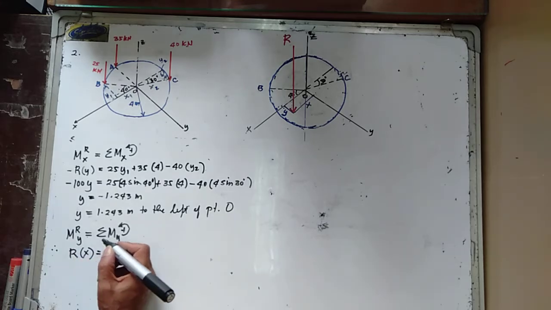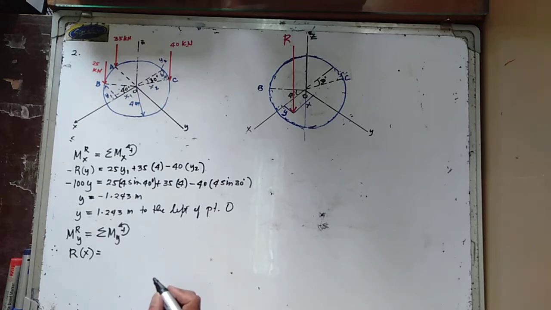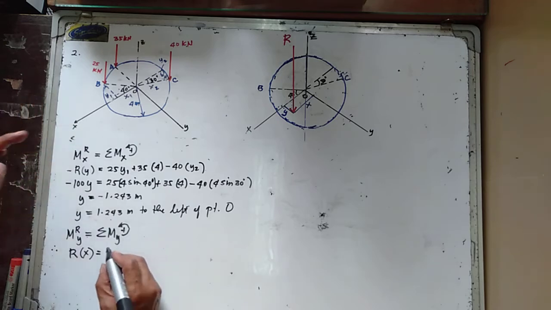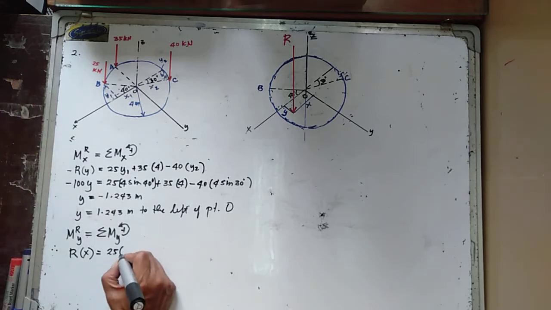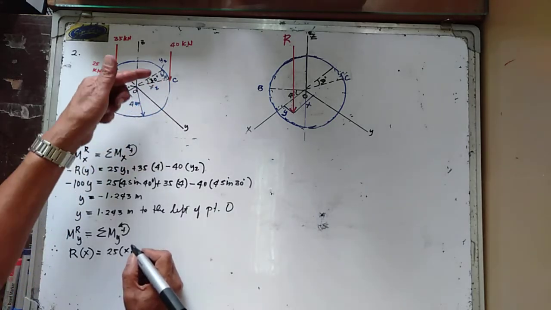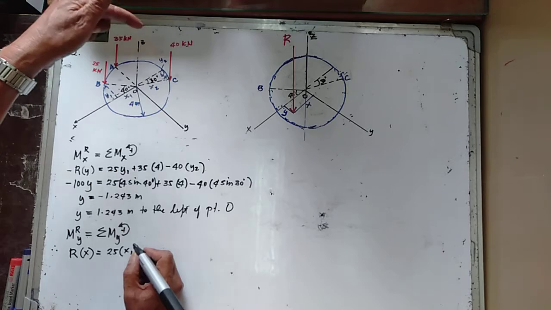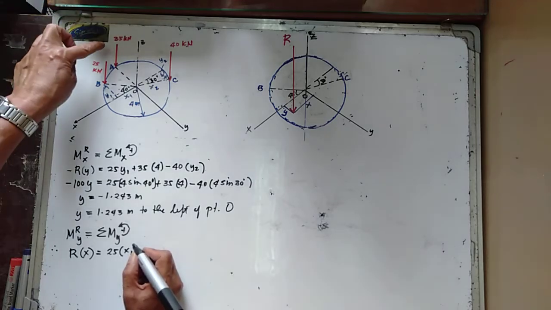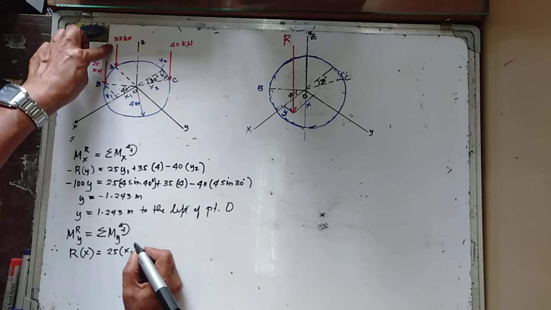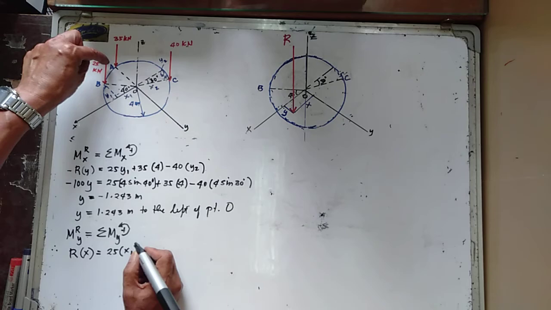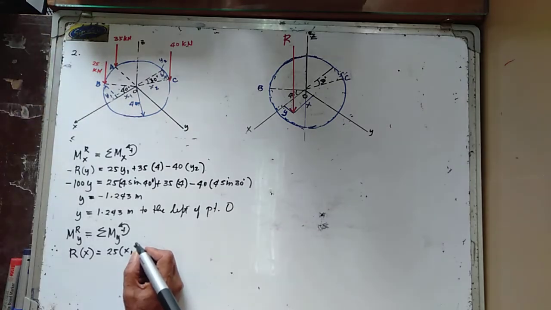And this one in here is now equal to 25 multiplied by x1. The 35 kilonewton has no moment about the y-axis because it intersects the y-axis.